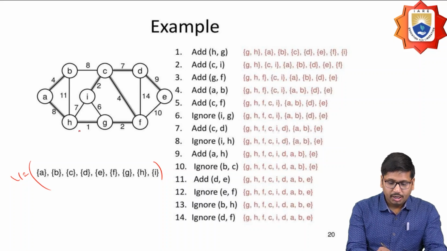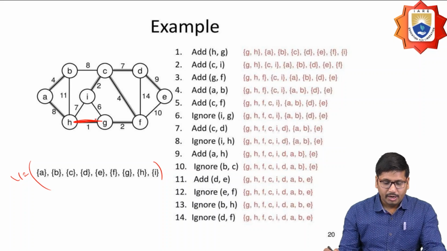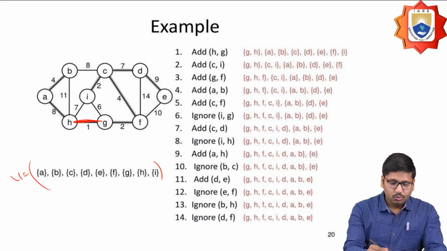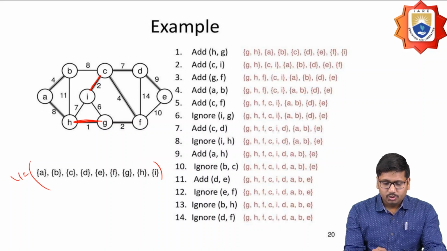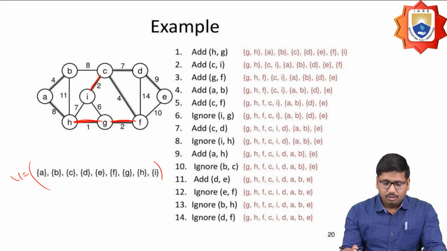So what should be the minimum? HG is first, so I'm going to add this. What should be the next minimum? CI, which is 2, I can select. GH also I can select, and next GF, which is 2, and add AB.